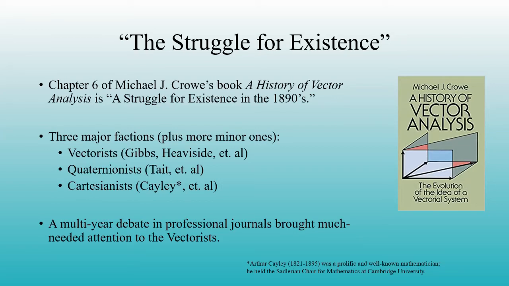Chapter 6 of A History of Vector Analysis is entitled A Struggle for Existence in the 1890s. In this chapter, Crow reviews many of the published articles in a multi-year debate over the competing mathematical methodologies to model Maxwell's theory. This included articles and letters to the editor by Tate, Gibbs, Heaviside, Cayley, and others in major, widely read journals such as Nature, Philosophical Magazine, and Science.